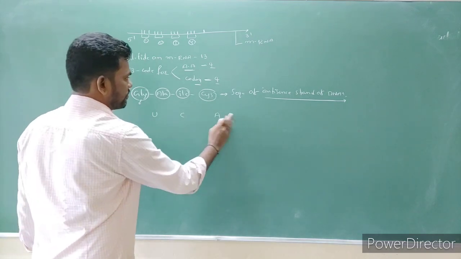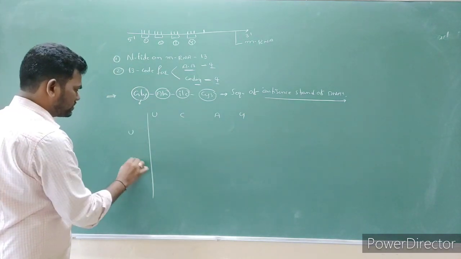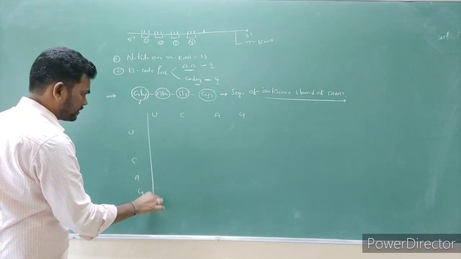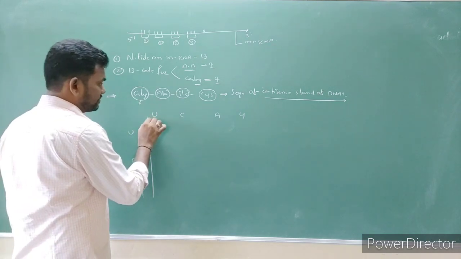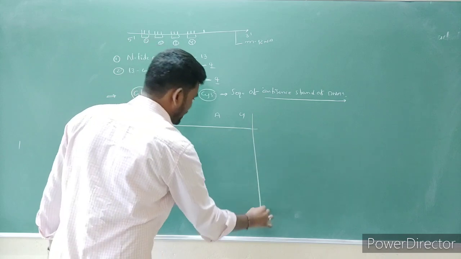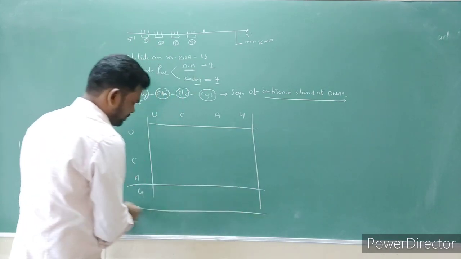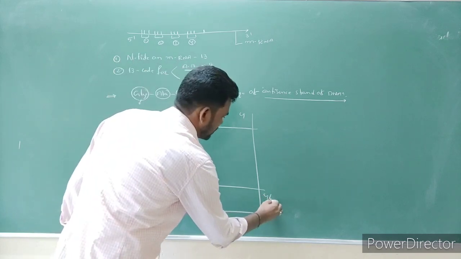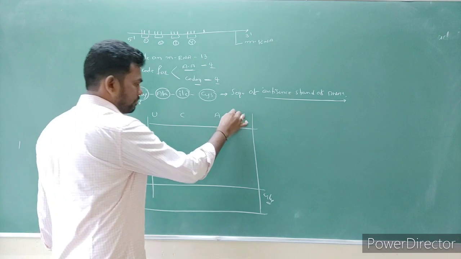UCAG, right? Again UCAG. First, here glycine. Where does glycine come? You know that glycine is at the end of the column. Here the glycine will come. Right? Glycine max.